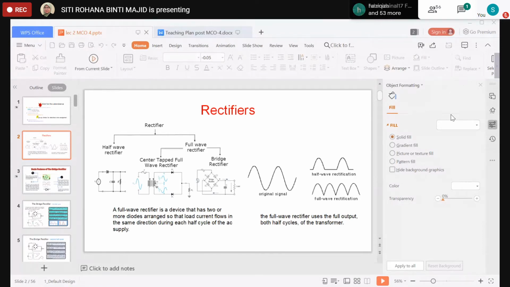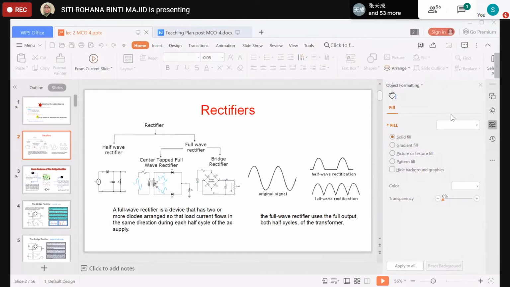For the full wave rectifier, because there are two or four diodes attached together, each diode takes place during each half cycle of the input signal. In other words, the full wave rectifier uses the full output of both half cycles of the transformer.